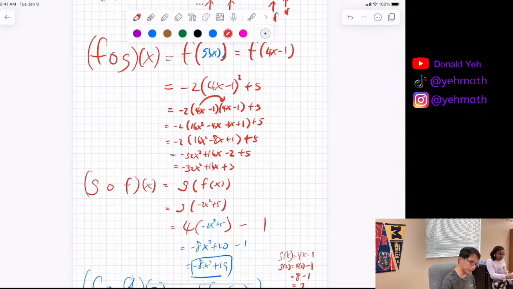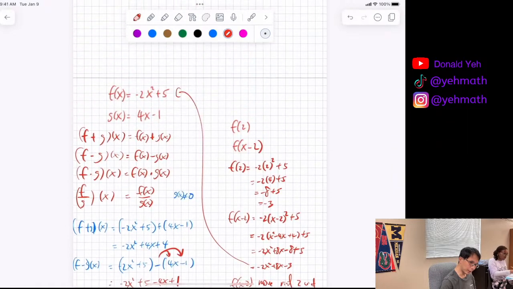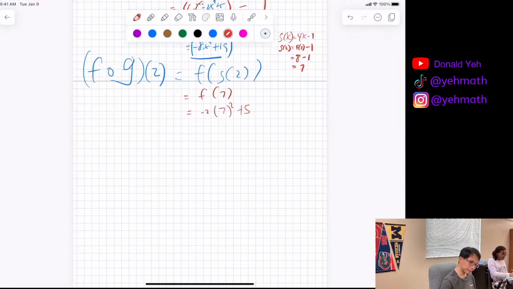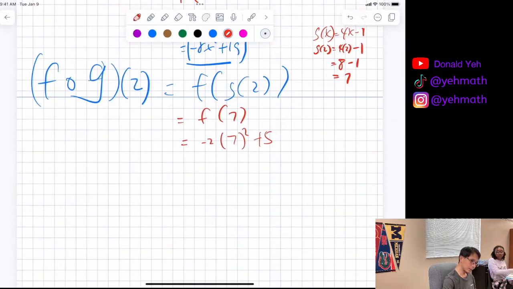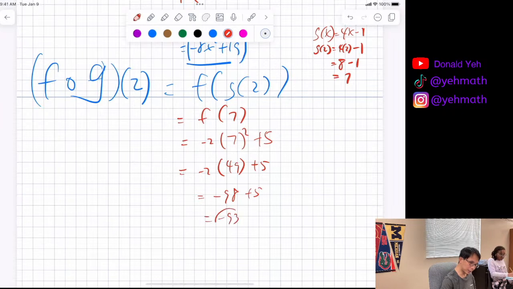Plus 5 or negative 5? Plus 5. So that's negative 2 times 49 plus 5, which is negative 98 plus 5. That's equal to negative 93. And that's that.